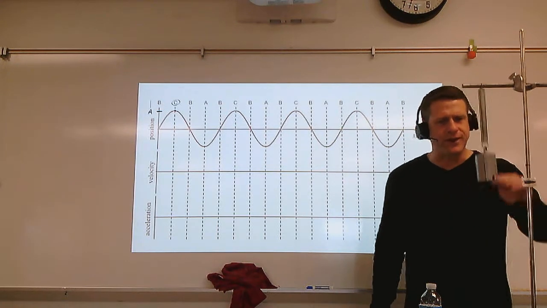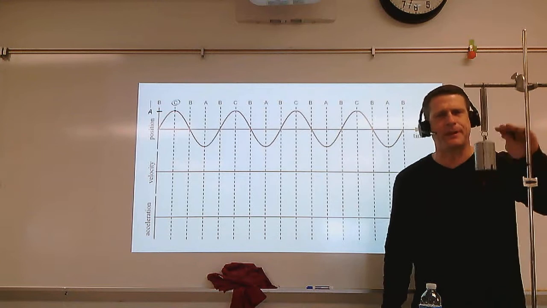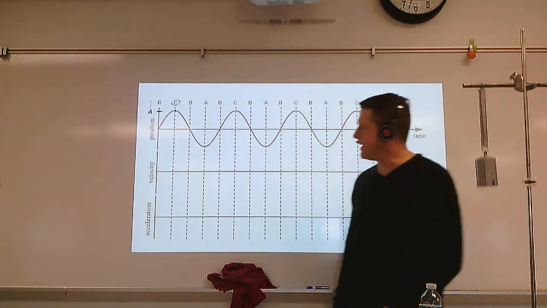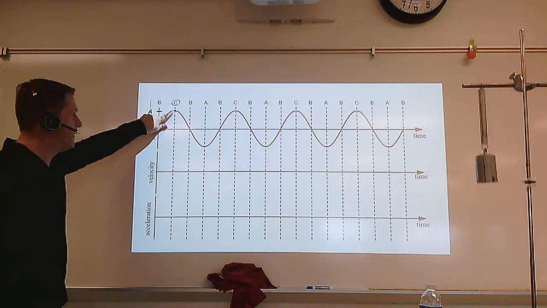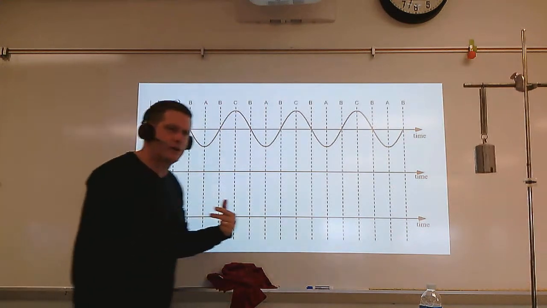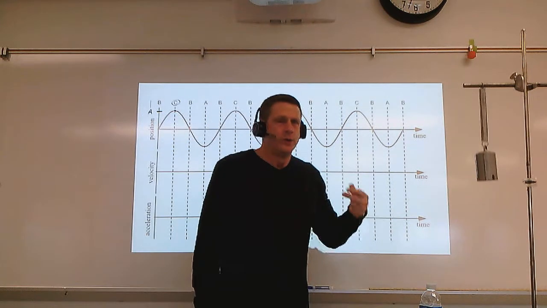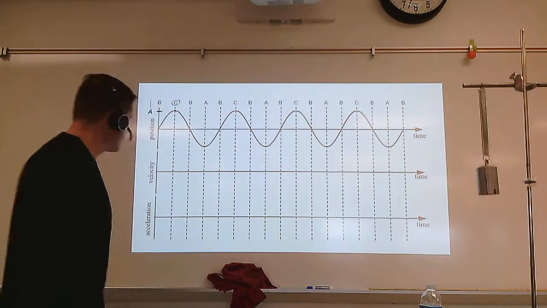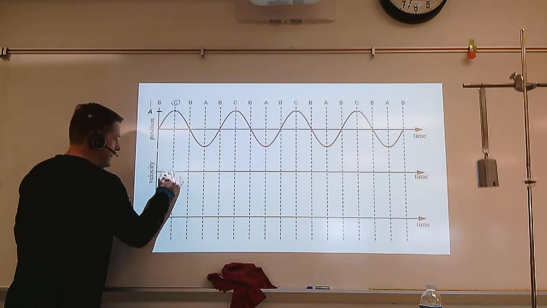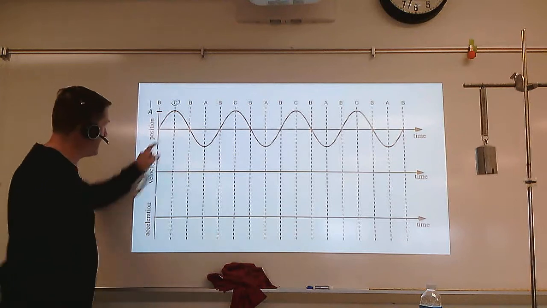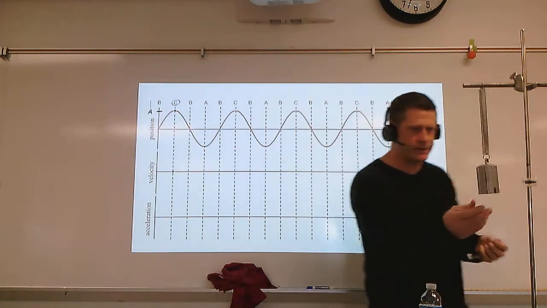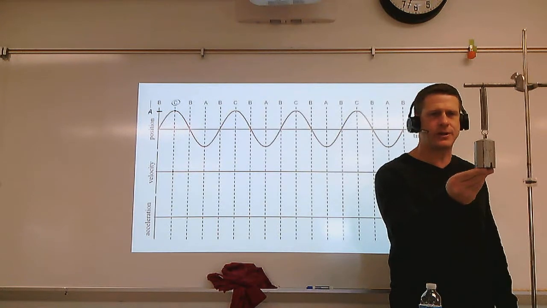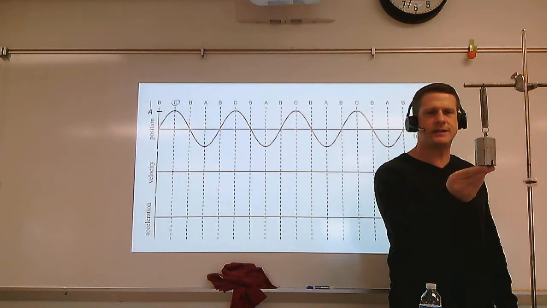Well, let's think about this. Every time it reaches the top again, it has to turn around and change directions. So every time this thing reaches the top, it is turning around and changing directions. Well, if it's turning around and changing directions, the velocity at that particular point has to be equal to 0. So if I freeze framed this up here at the top, it's turning around, so the velocity is 0.